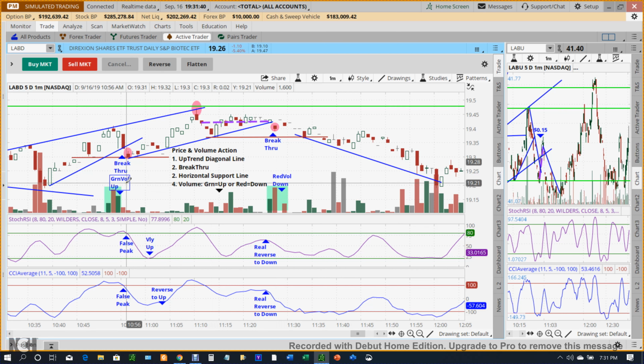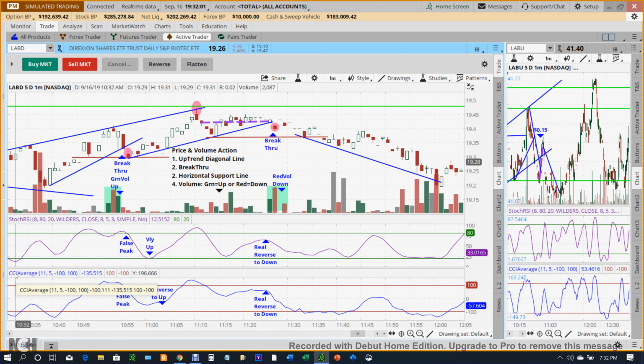What I wanted to point out is, when you're dealing with the breakthroughs, be very careful to make a snap judgment when you use a Stochastic RSI and the CCI average, or even the MACD, or whatever you want to use.